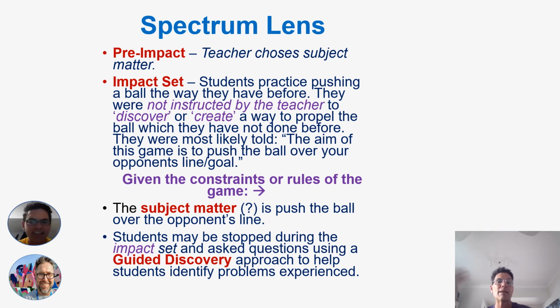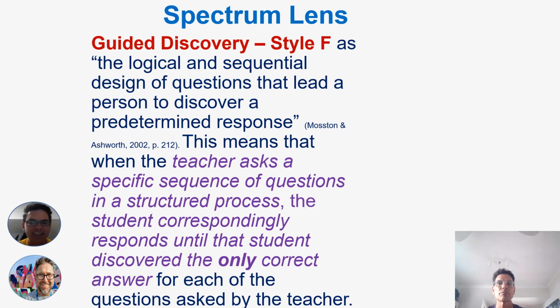And most likely we're told the aim of this game is push the ball over your opponent's goal line. We would suggest that in this case, most students will probably reproduce a movement which they've used before. They won't suddenly make up a new one. We would suggest the subject matter is push the ball over the opponent's line, and the students may be stopped during the impact set and asked questions using a guided discovery approach to help them identify the problems which they've encountered.